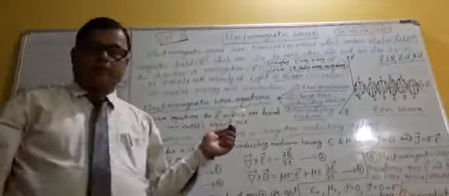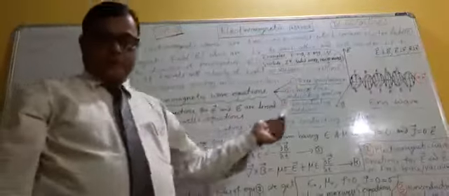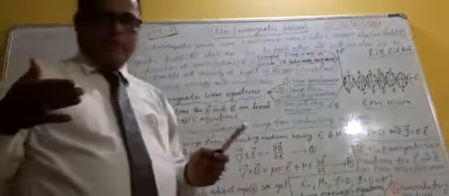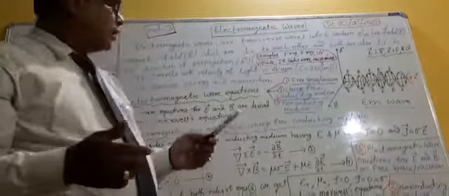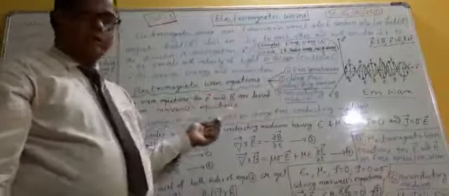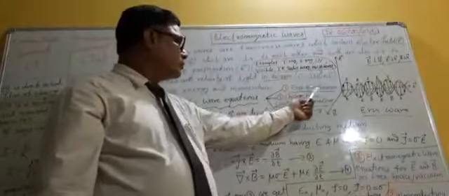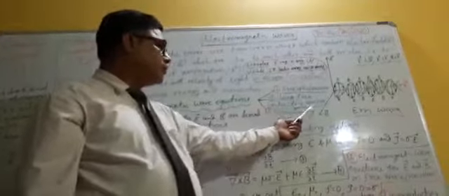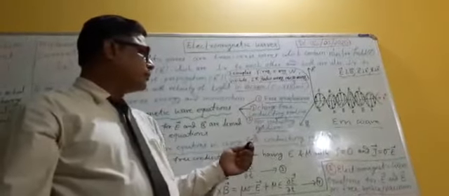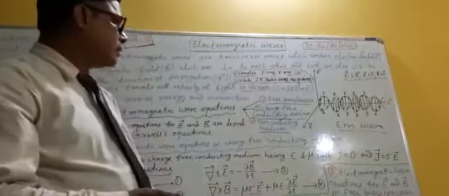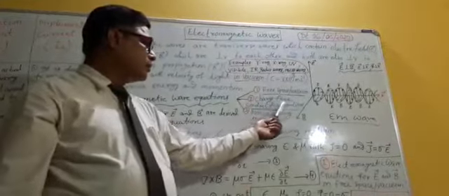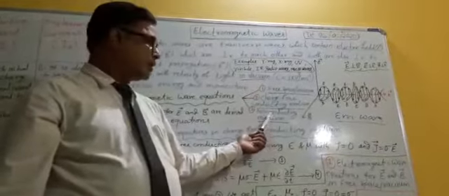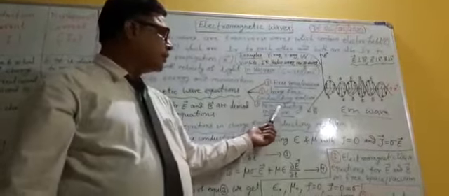Then we discuss about the electromagnetic wave equations. So though a wave is propagating, there is a wave equation, and the wave equation here we discuss about three cases: free space or vacuum, charge free conductive medium, and non-conductive medium. In your syllabus, first is free space, then charge free conductive medium, and non-conductive medium is a special case. Okay.